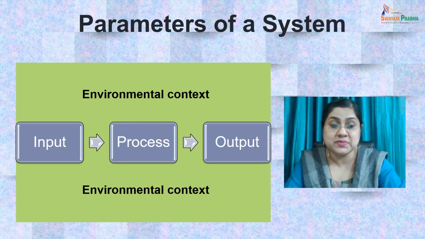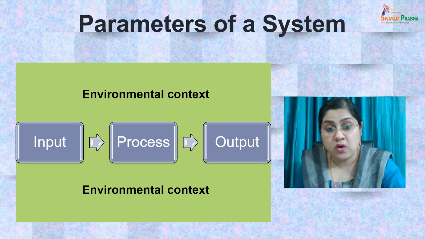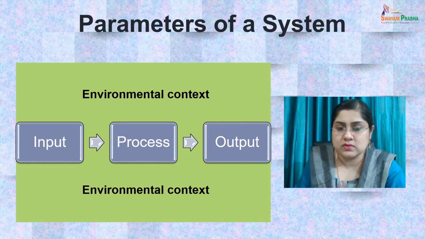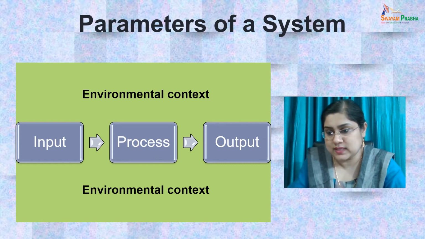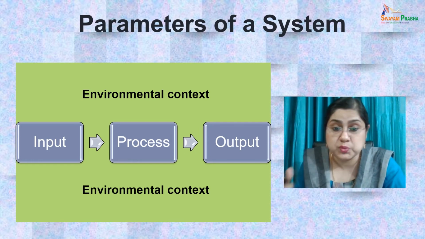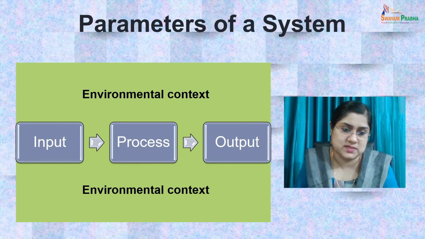So a system cannot operate beyond the limits and the boundaries of its environmental context. Also, if we look at a few of those constraints, these constraints are very much important. So any system cannot operate beyond the limits and boundaries of its environmental context and the constraints.